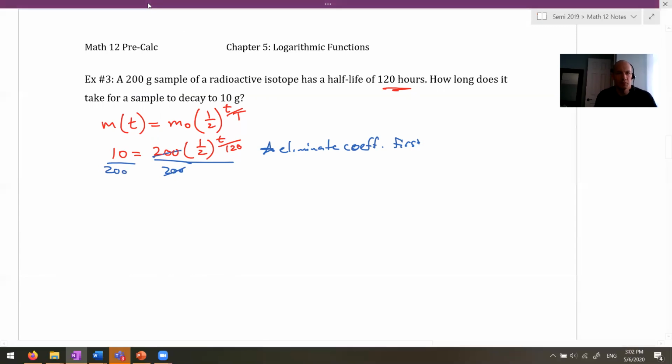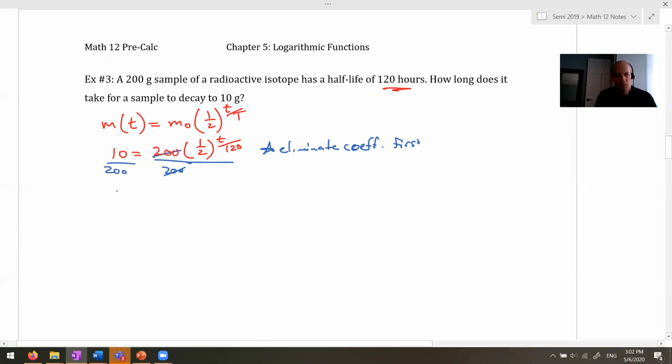Okay, so this becomes, and I'll simplify it, 10 over 200 is 1 over 20, and then this is 1 over 2 to the power of t over 120. Okay, so at this point you can see that 1 over 20 cannot be expressed as a power of 1 over 2, so we are logging both sides.